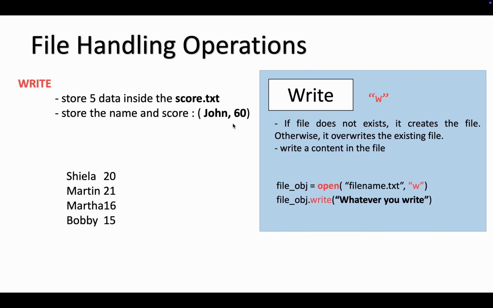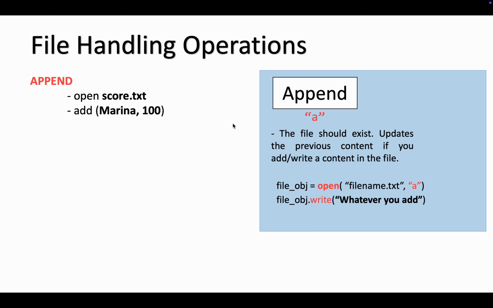Another one, practice with write. Let's say inside score.txt, you're going to write the name and their score, and append, so you add another person out of the 5. Marina should be added after that.